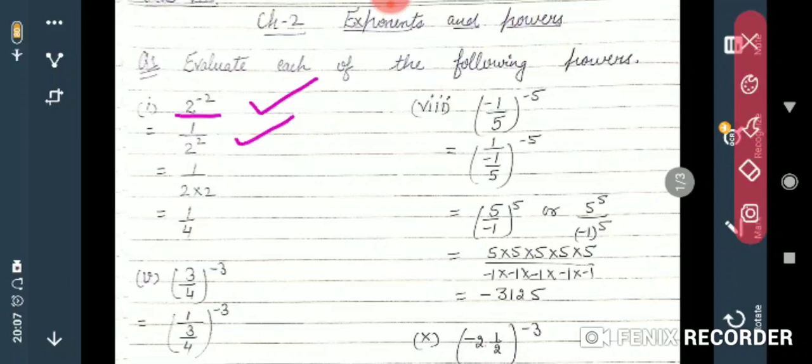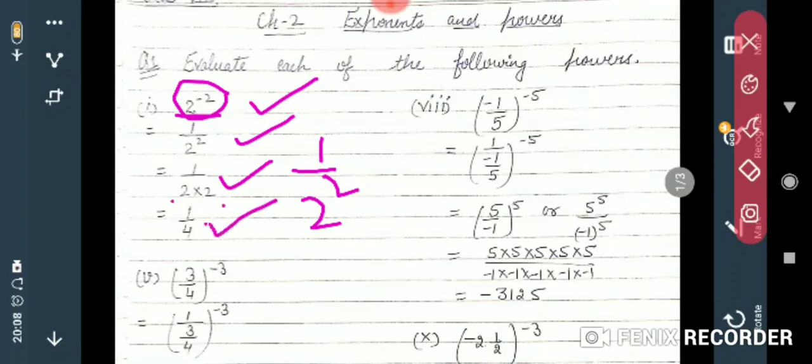So what will it become? 1 upon 2 to the power 2. And when we do the reciprocal, the power will become positive. So 1 upon 2 to the power 2 means 1 upon 2 multiply 2. So 2 multiply 2, what will you get? 4. So 1 upon 4.